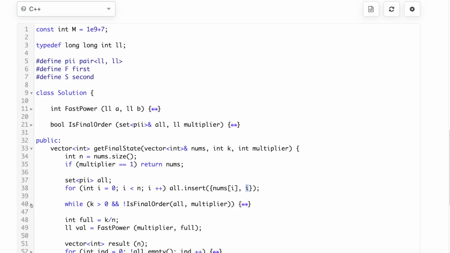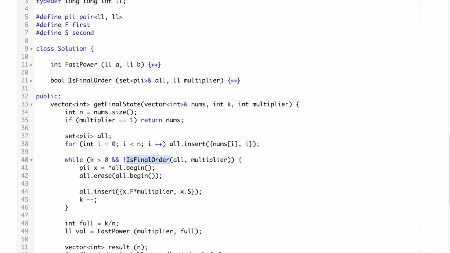After that, we simply apply the operation until some condition is true. So this is the final order check that has that condition. We'll come to that, but until some condition is true, we'll simply apply the operation. What is the operation? Operation is take the smallest element, erase it, and insert it after multiplying by the multiplier.